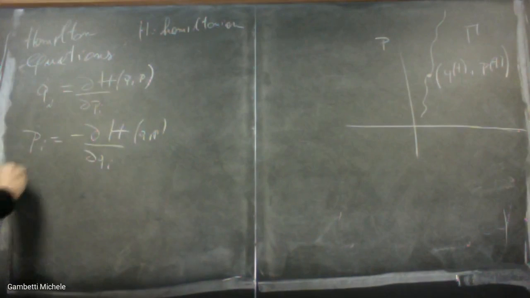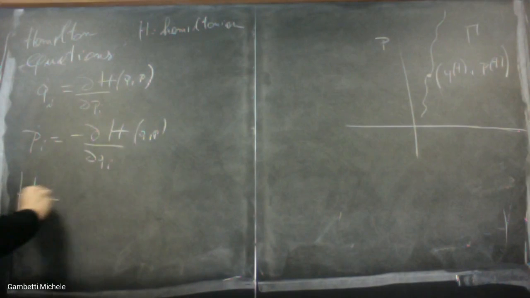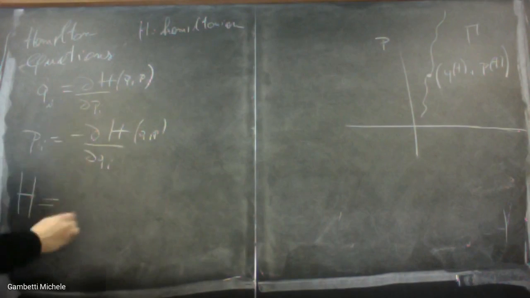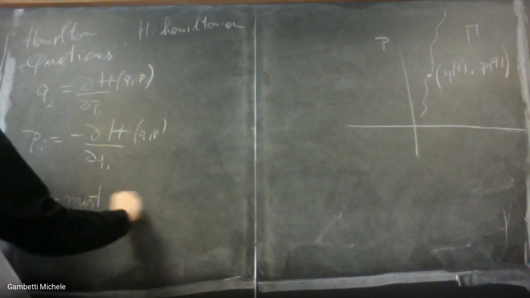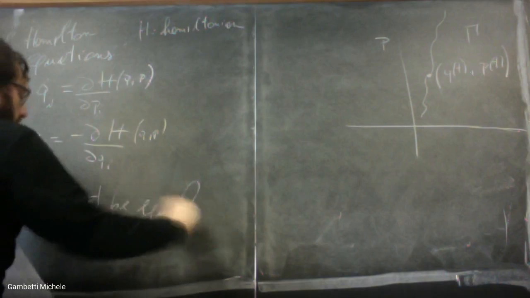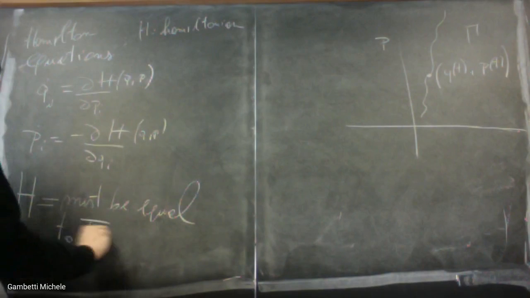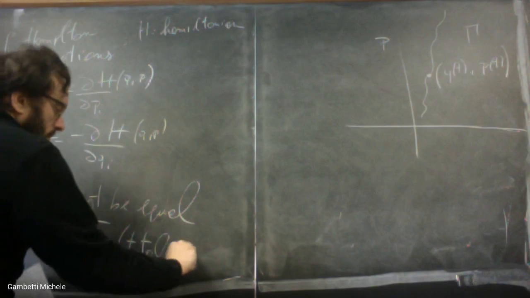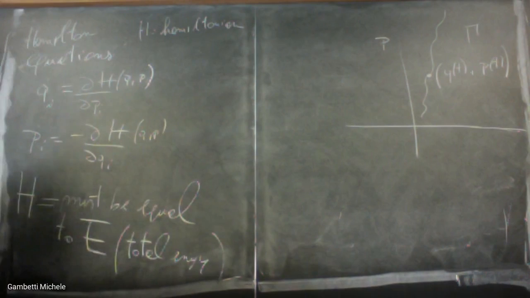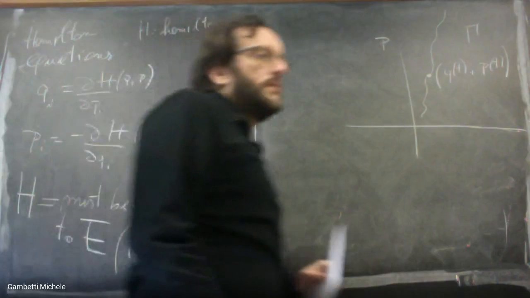Now, the Hamiltonian actually has a constraint. Numerically, H must be equal to E, which is the total energy, a well-defined quantity in this context.